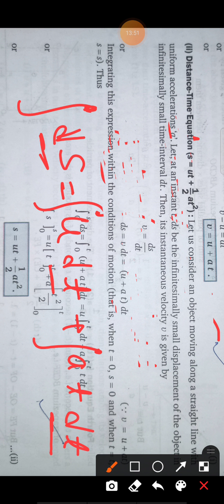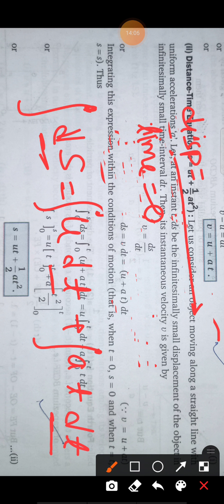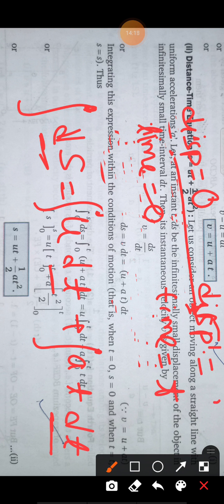Suppose a body is moving. Initially the time was 0 seconds, and at that time displacement was also 0. Now after time t, suppose the displacement is s.